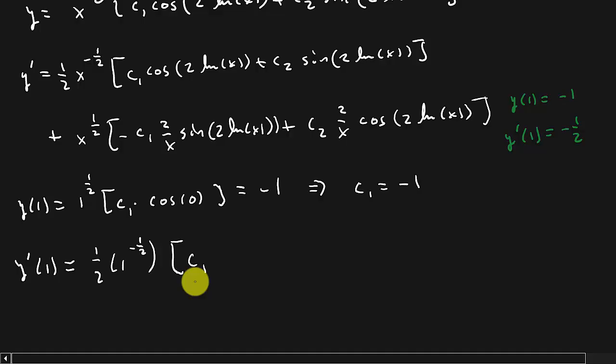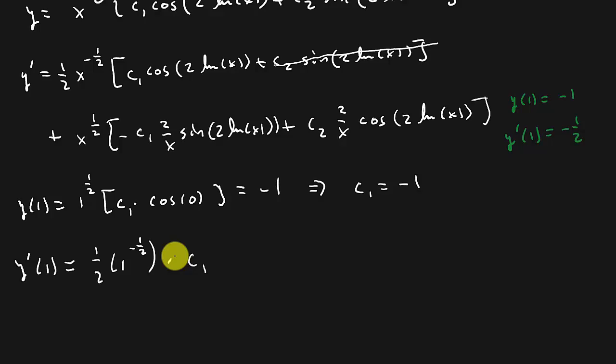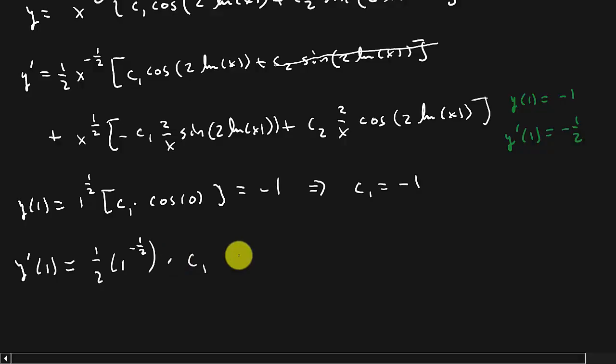Now plug it into this one. If I plug 1 in for x, that's the sine of 0, and sine of 0 is 0. That term's gone, so we don't need to worry about writing it down. So I'm just going to put that as times c1. Now I've got plus, and now we have x to the 1/2, so that's 1 to the 1/2.